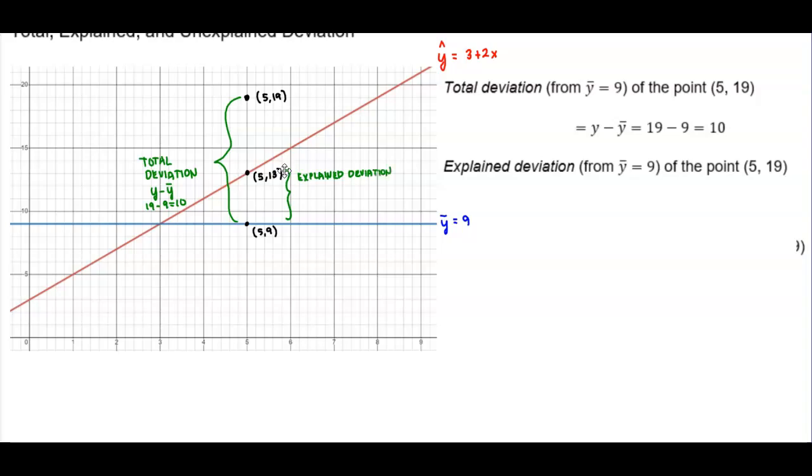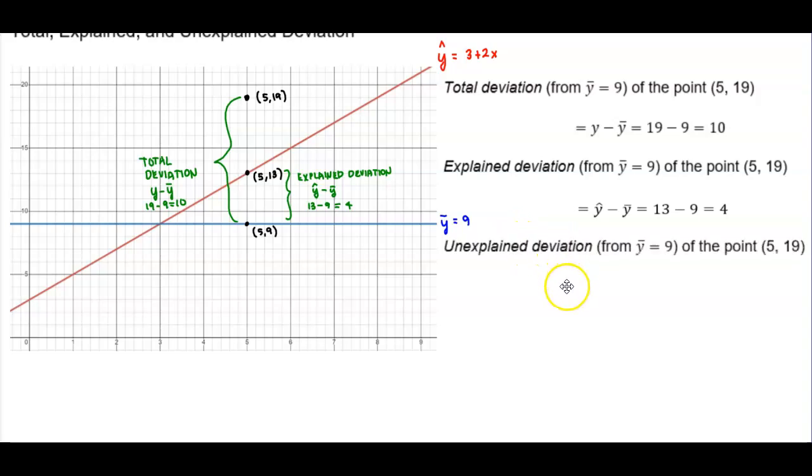Since that point is on the line, the value of 13 represents the predicted value, and then we subtract the mean of the y values. So we take the predicted value of y, which is 13, and subtract the mean value, which is 9, and that gives us 4. That represents the explained deviation.